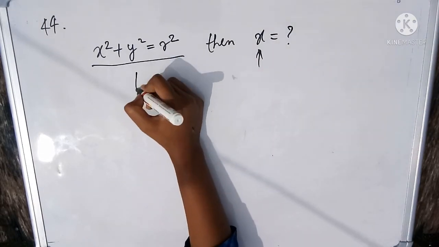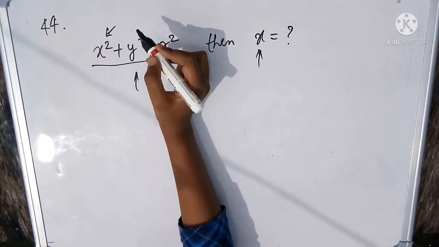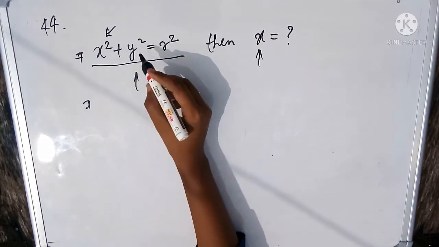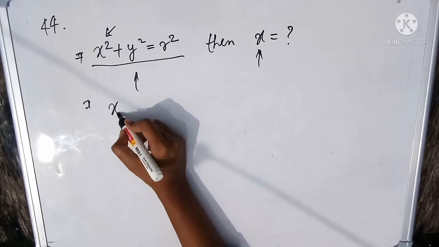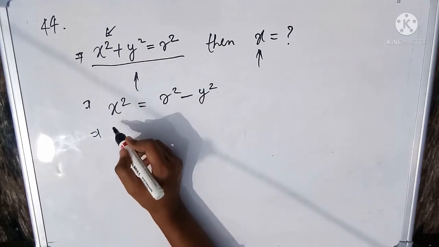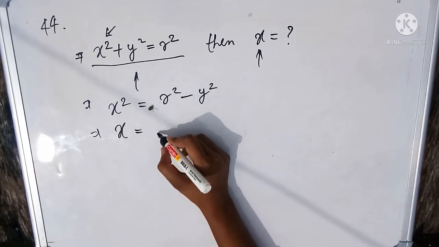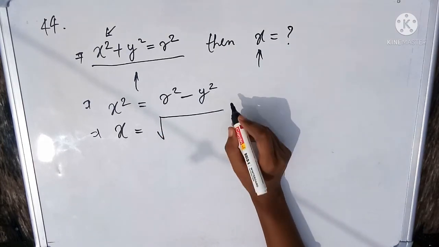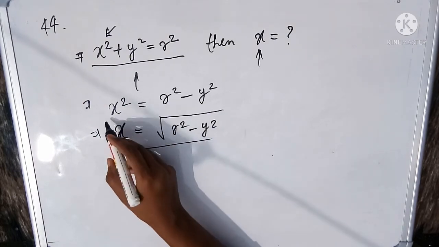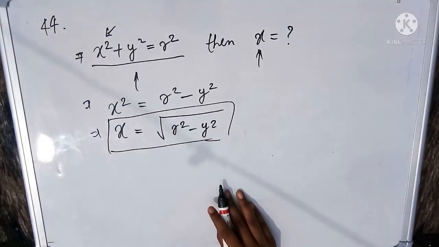For that we have to remove this y square and this square from here. So first of all you will remove this y square. So we have x square is equal to r square minus y square. And now we have to remove this square. So you know that we can do this by putting the square root on the other side. So we have x is equal to root of r square minus y square. Now we have got the formula of x.